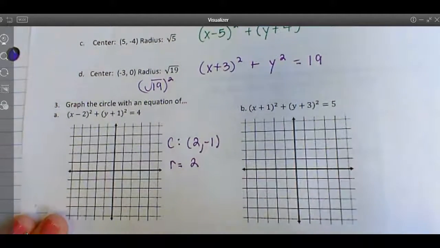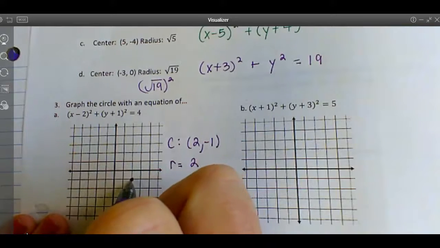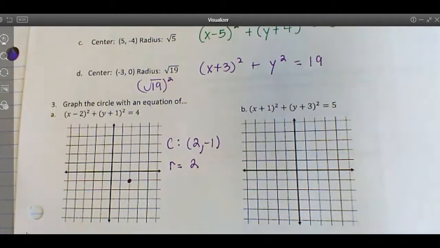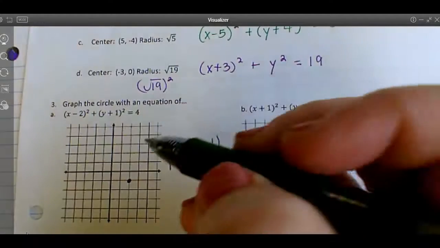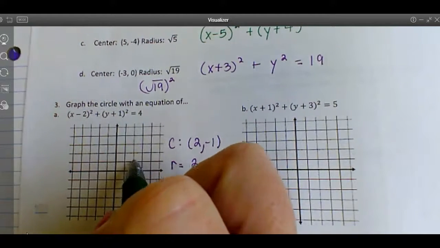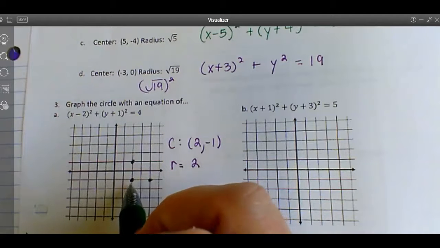Okay? And so what you do to graph it is you start at the center, so 2, negative 1. And then from the center, whatever it tells you the radius is, you're going to count up and over and around to figure out how to draw it. So since the radius is 2, I'm going to go up 2 and put a point. I'm going to go left 2 and put a point, always back to the center when you do it.